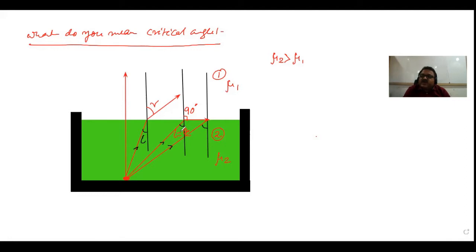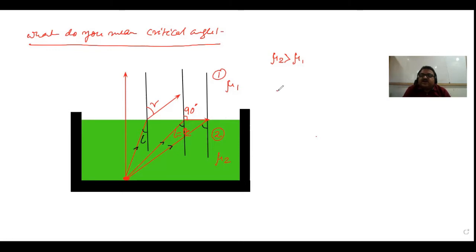Ultimately, a situation will arise for a particular angle of incidence where this light ray will move along this path. This is called grazing the surface. This particular angle of incidence in the denser medium, for which the angle of refraction in the rarer medium is 90 degrees, is called the critical angle for that pair of media.